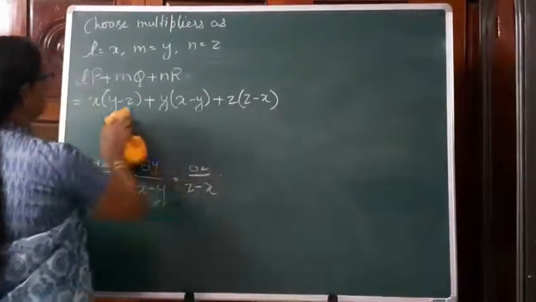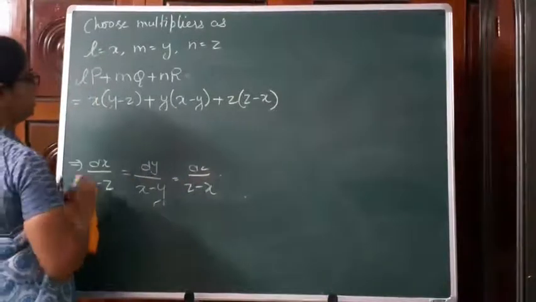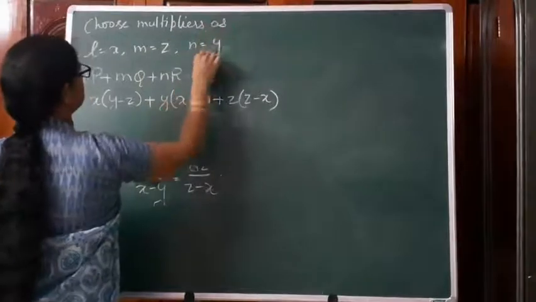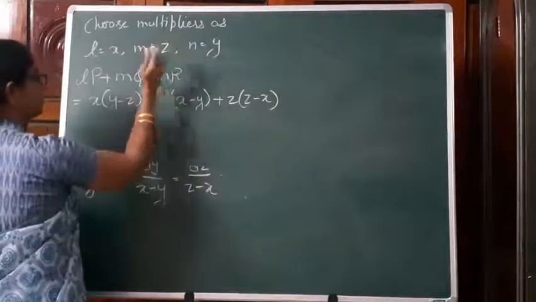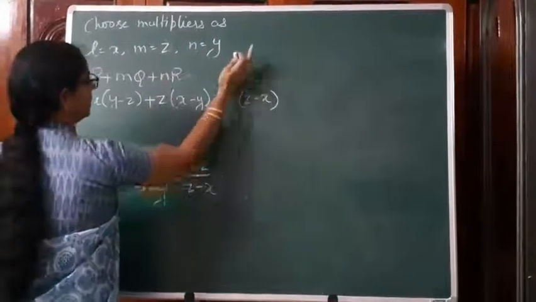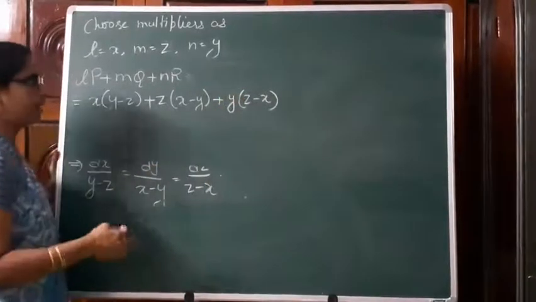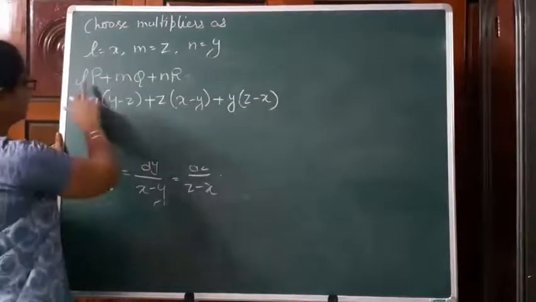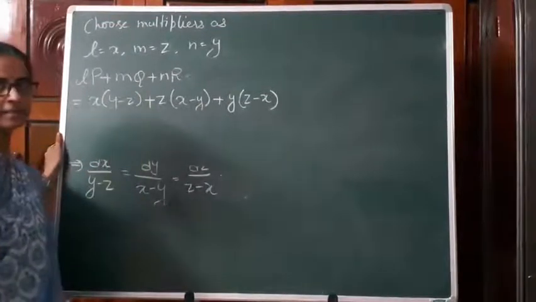This does not work. So we will just change this. We take m equal to z and n equal to y here. Now let us check whether it is 0 or not. z and y. We have to go for trial and error. We have to check different options such that lP plus mQ plus nR becomes 0.